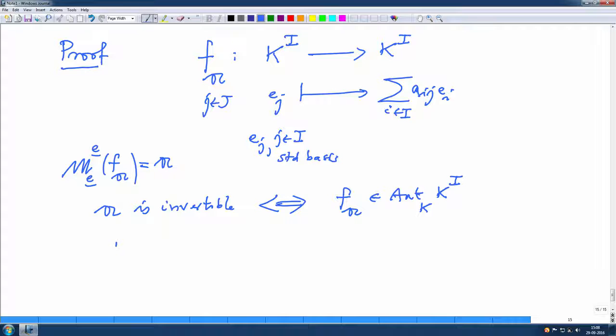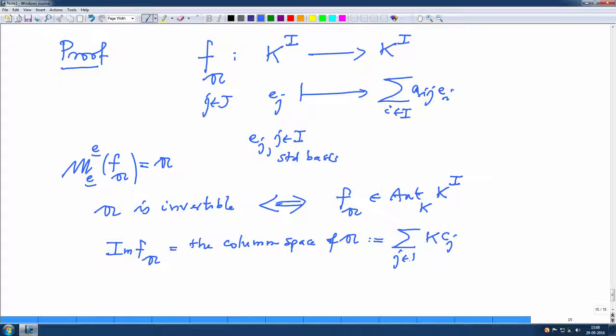And what is the image of F_A? The image of F_A is the column space of A. By definition, the column space of a matrix is the subspace generated by the columns, where c_j is the jth column.